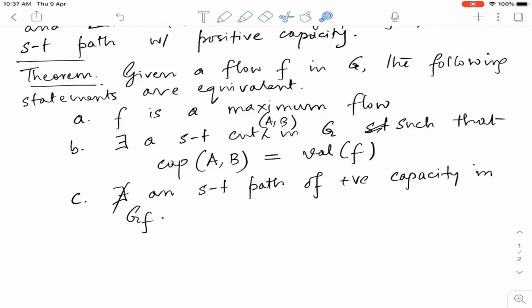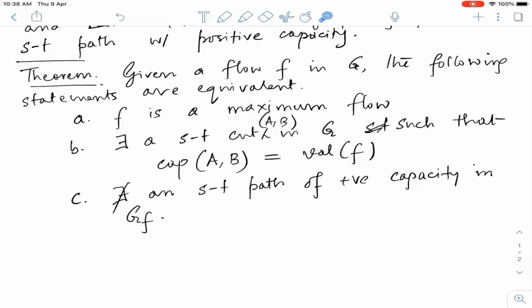This is equivalent to saying that there exists a cut in the graph. I'm not saying this for every cut in the graph. There exists a cut AB in the graph, which is an ST cut, such that the capacity of this cut is equal to the value of the flow. And the third statement says that if I construct the residual graph of this flow, then in this graph, there is no ST path which has a positive capacity. So I'm going to prove that these three statements are equivalent.